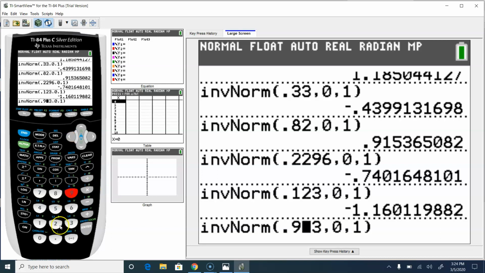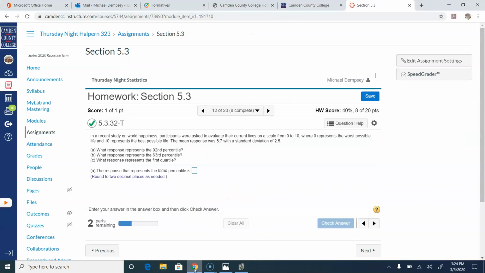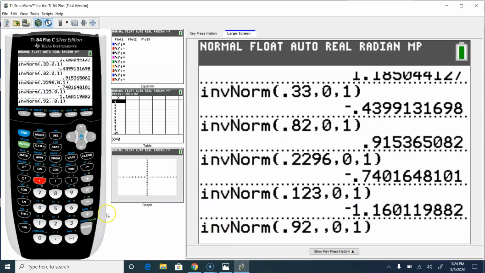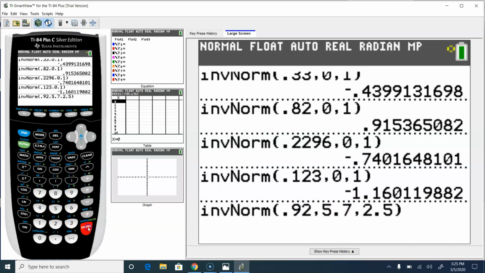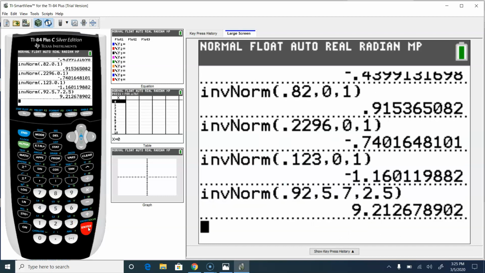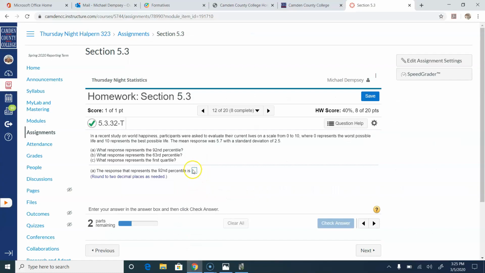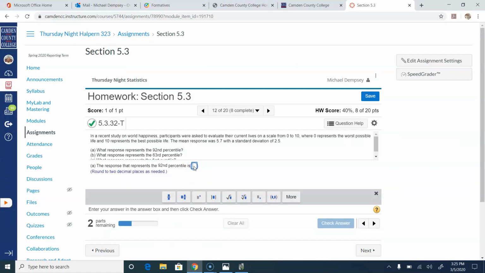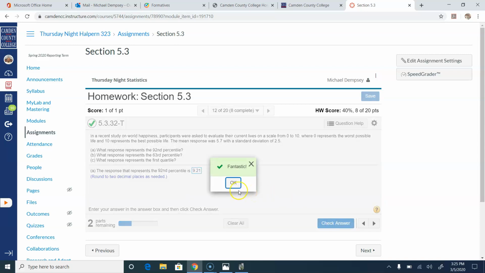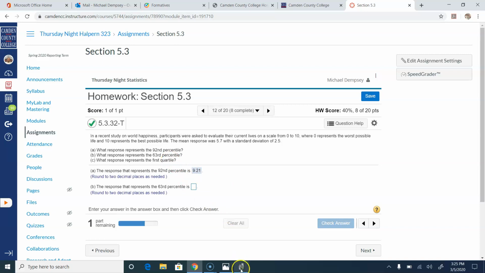So we start with 0.92, comma, and then I need to double back on my mean and standard deviation. 5.7, 2.5. Okay, so I get 9.21. Check that. Good.